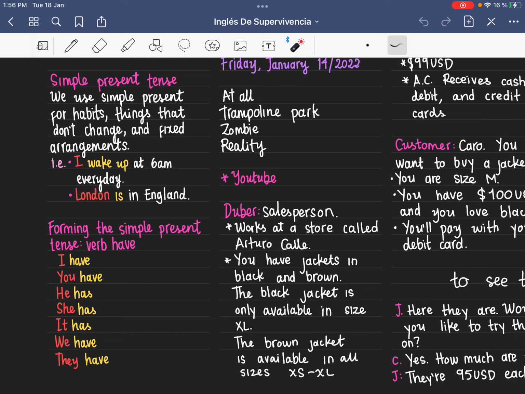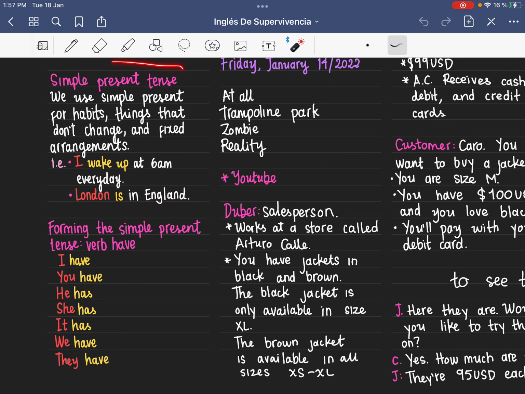So here we have something that is not a routine. It is something that doesn't change and we don't expect it to change in the next few years. And London has been part of England for hundreds of years and it's probably going to be part of England for hundreds of years. So we use present simple.